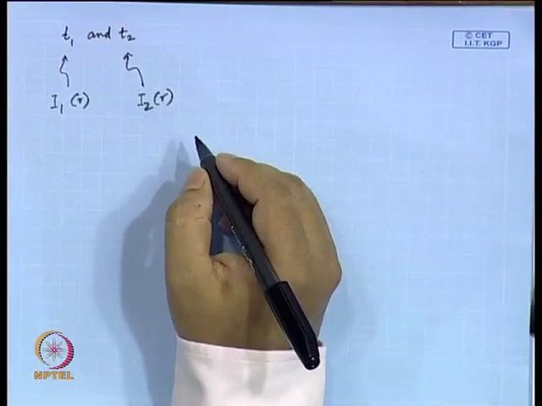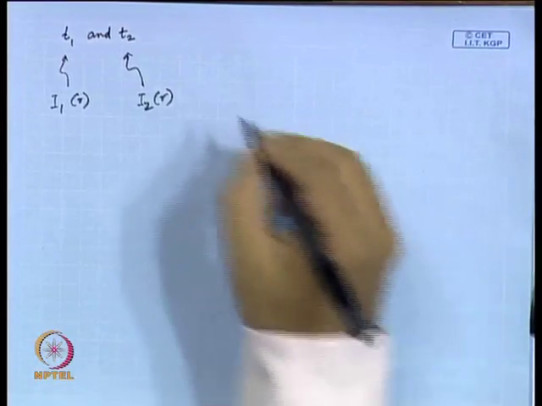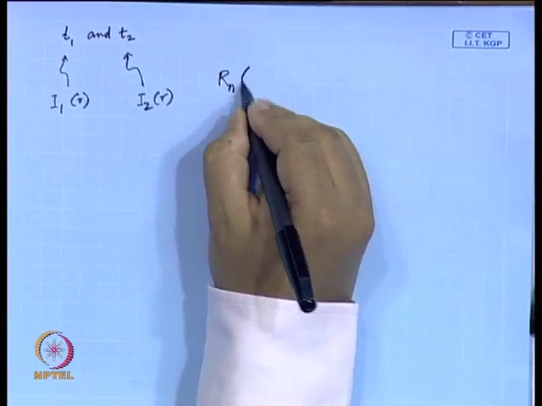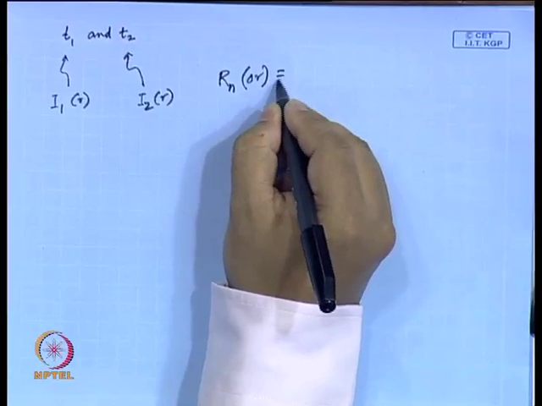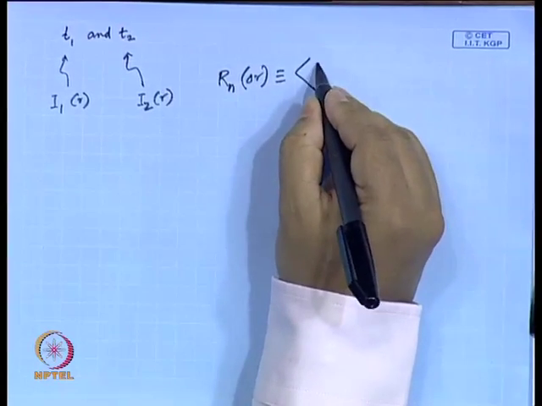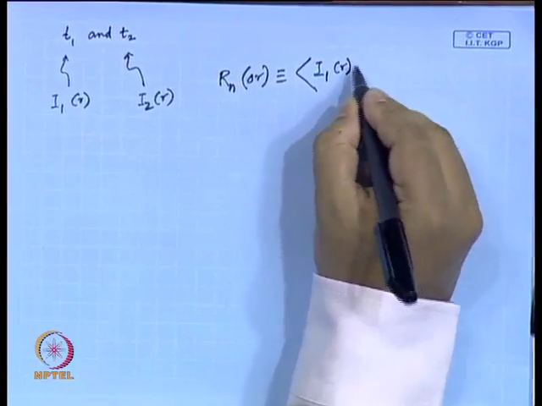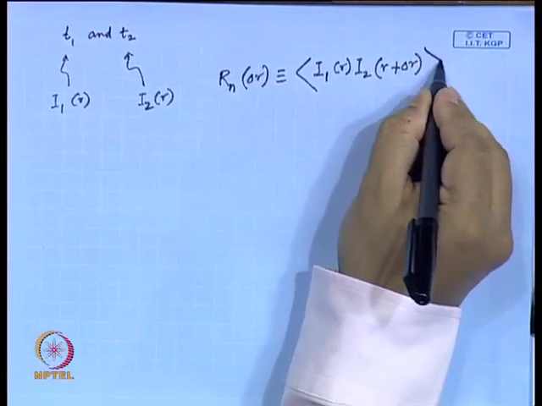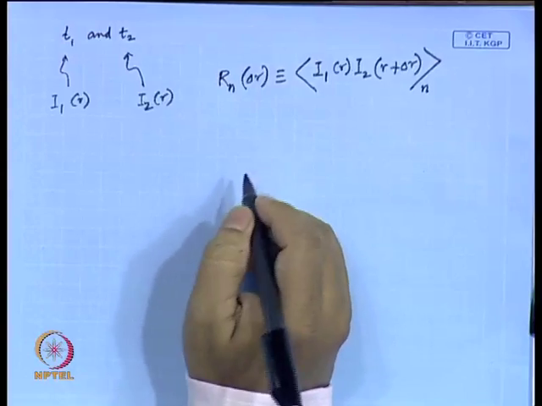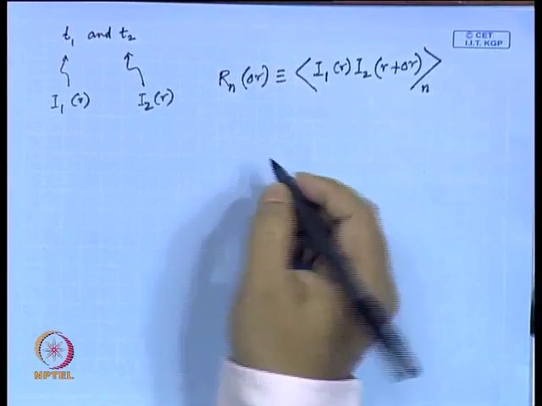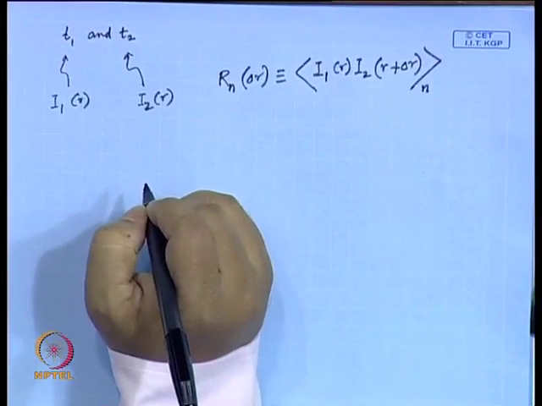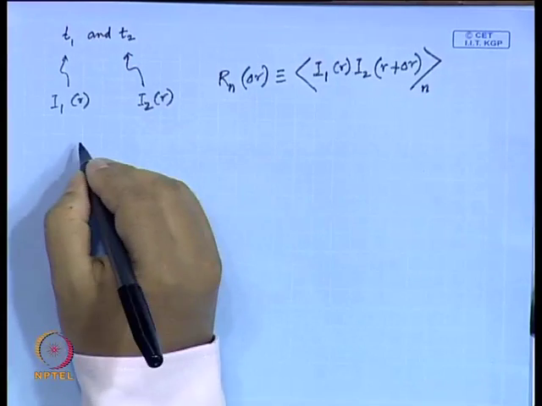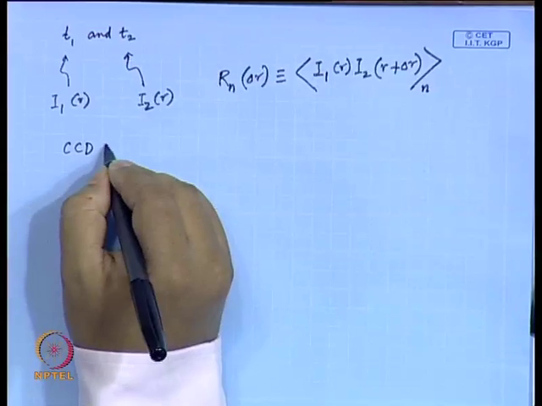What you do next is write a cross correlation function, defined as R_N(delta r), which is equal to the average of I1(r) I2(r plus delta r), averaged over N. What is N? You can divide the CCD pixel array.